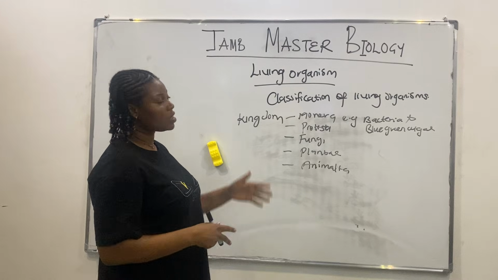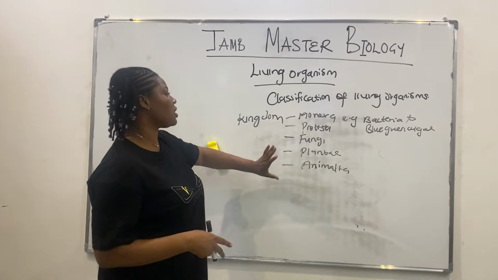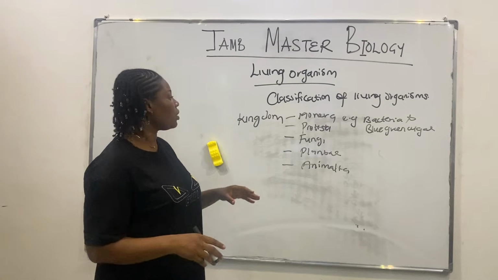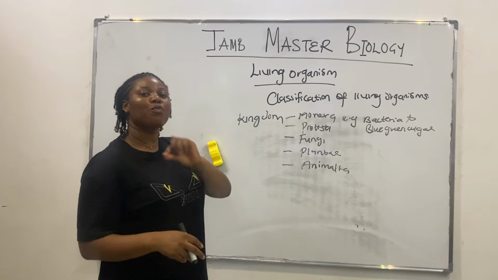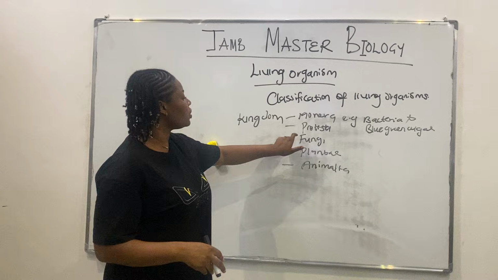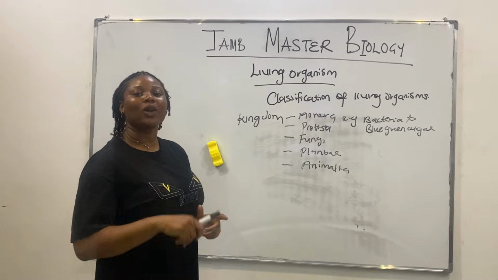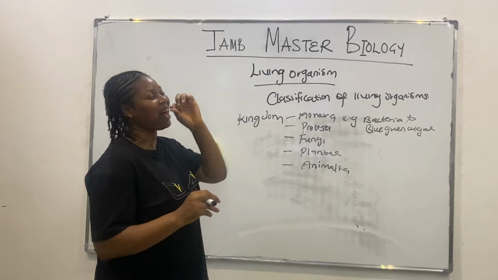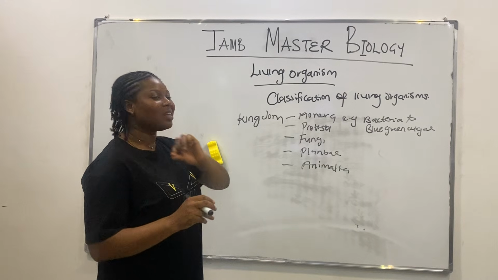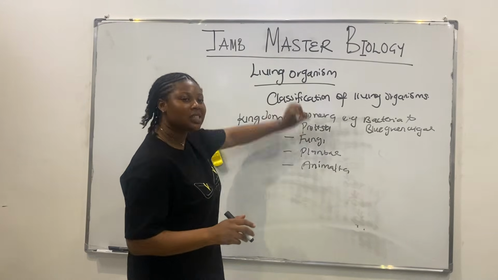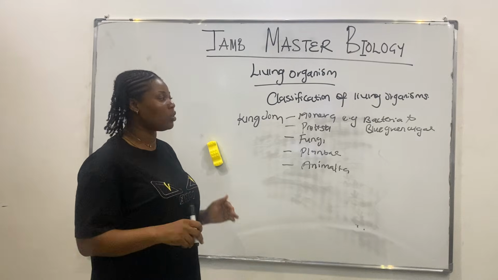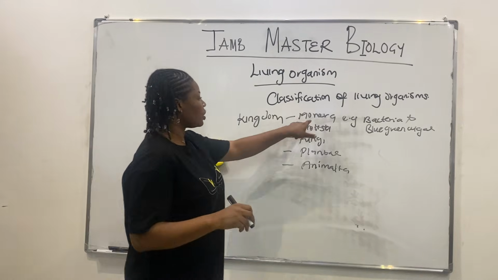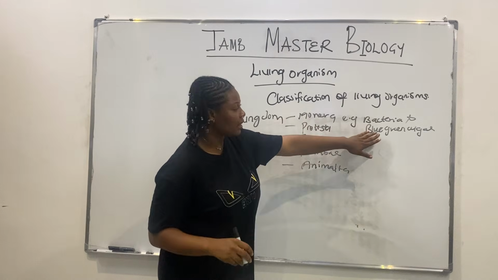When you see questions asking what organisms are Monera, you don't have to panic. All you have to do is know an example of an organism in each of these kingdoms. When you know one organism and you can identify it, you can tell the characteristics of that organism, and it can represent that kingdom. So whenever you see a question in JAMB, you don't have to panic. Once you know an example, just like Monera, we have bacteria and blue-green algae.